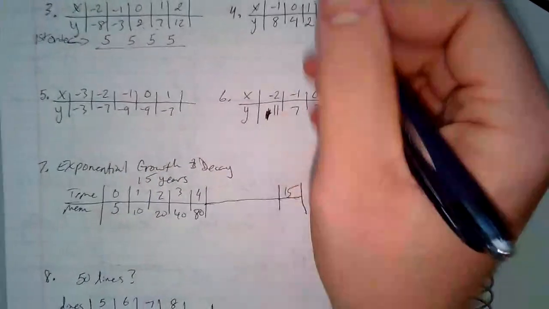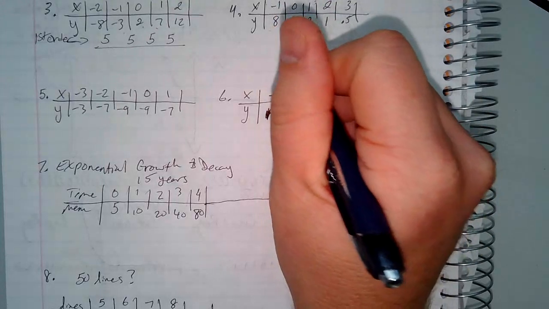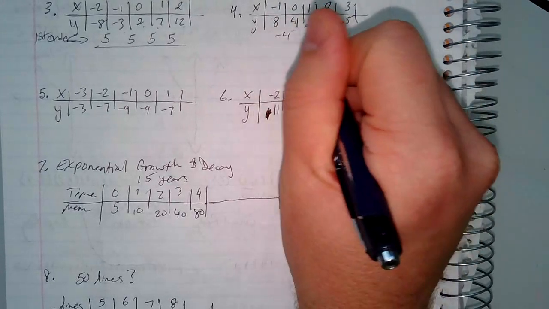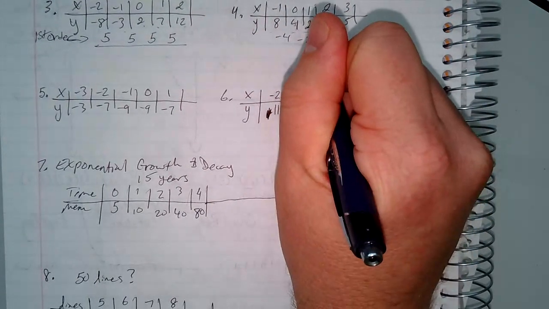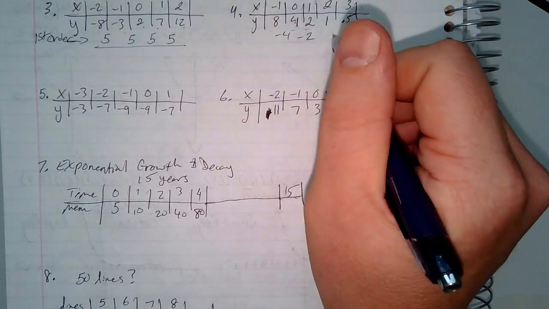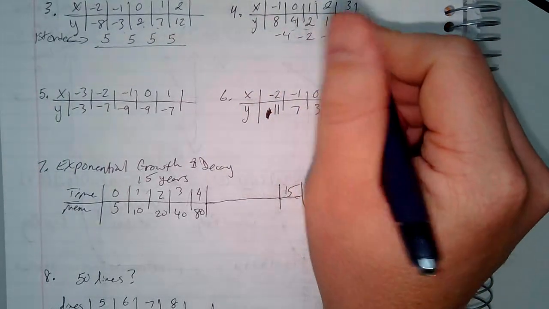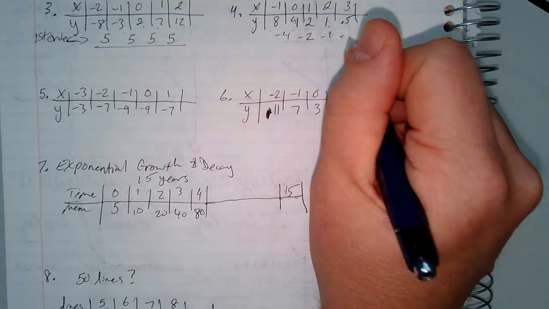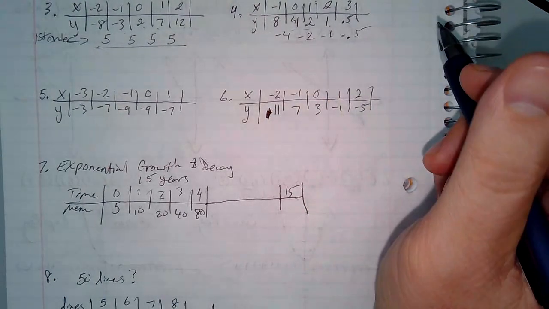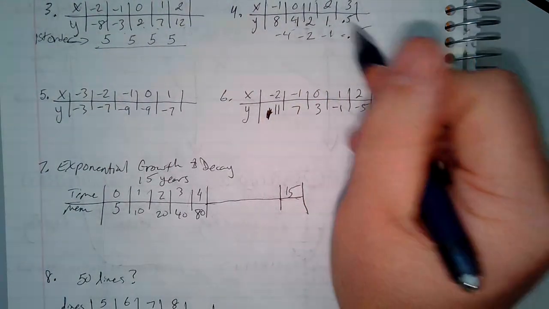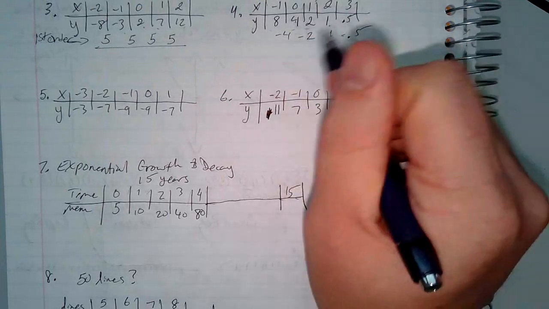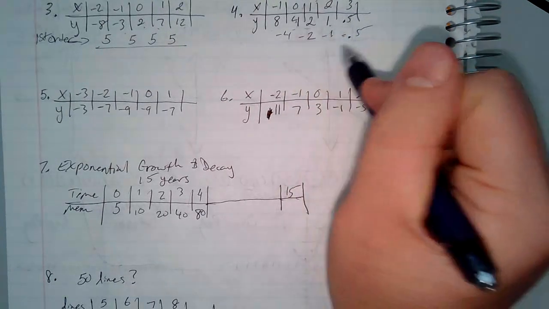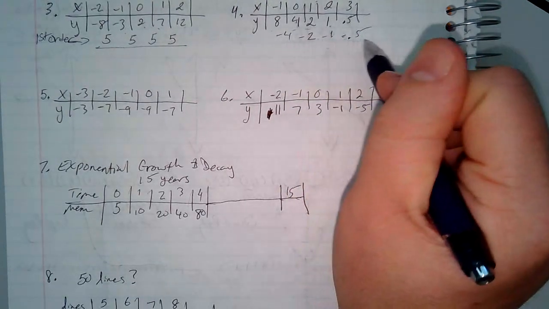All right, now let's look at these. 4 minus 8 is negative 4. 2 minus 4 is negative 2. 1 minus 2 is negative 1. And 0.5 minus 1 is negative 0.5. Well, the ratios, I see them halving, getting half as small, half as small.